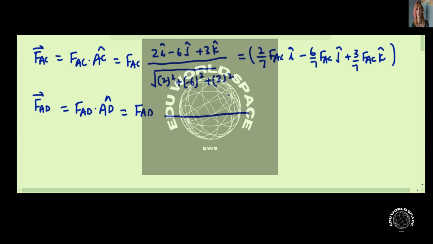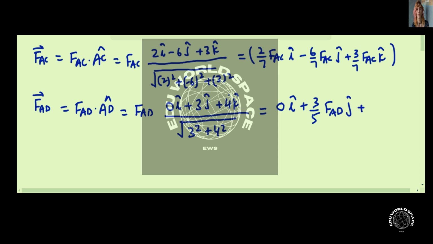It will be 0i cap plus 3j cap plus 4k cap divided by its magnitude, square root of 3 squared plus 4 squared. So we will get 0i cap plus 3 by 5 FAD j cap plus 4 by 5 FAD k cap.